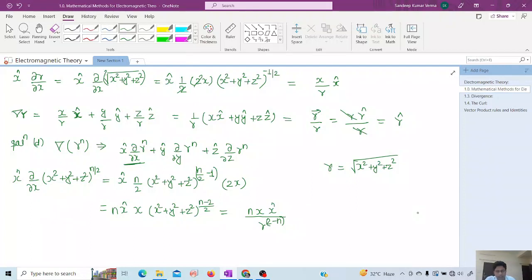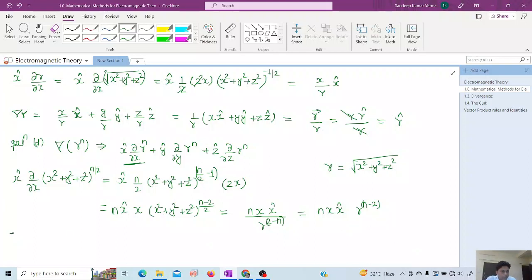Or if you have a problem, this can also be written like this: n x x cap into r to the power n minus 2. So whatever you want, you can write.